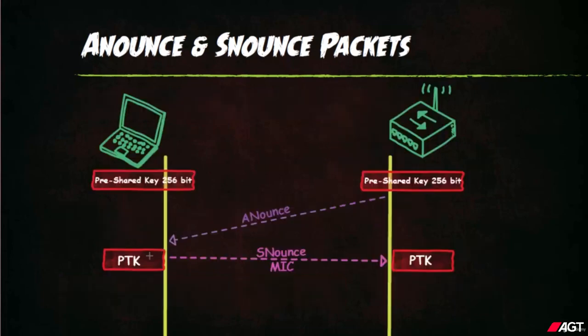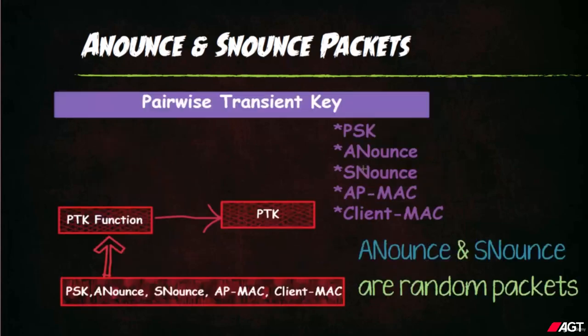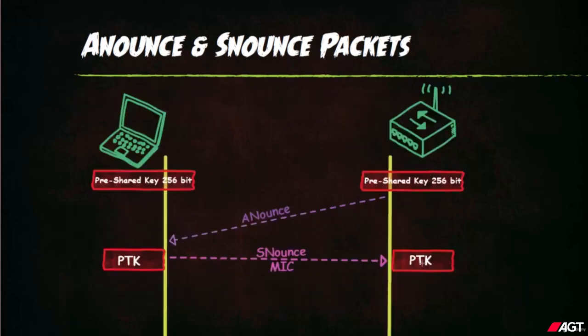The client will also send one more thing, which is the MIC, message integrity check, which is the integrity of the PTK, right? So it will send an SNonce packet with MIC. After generating the pairwise transient key on the access point, the access point will also calculate the MIC, right?